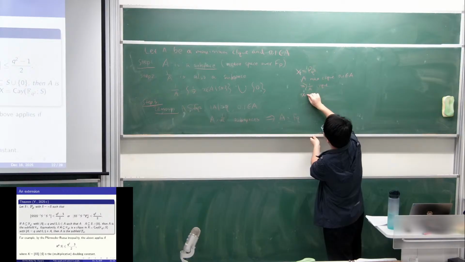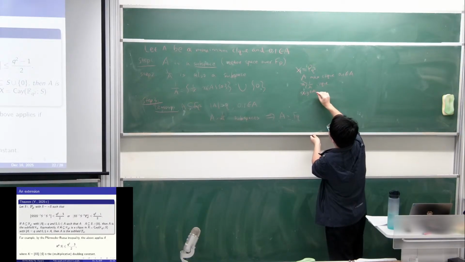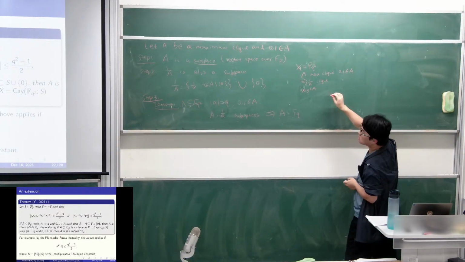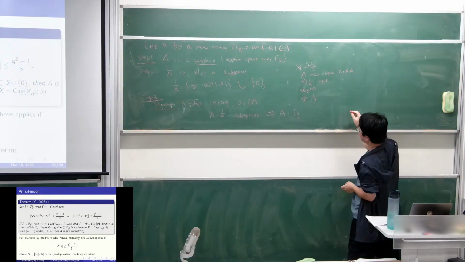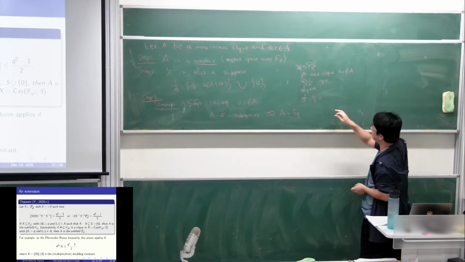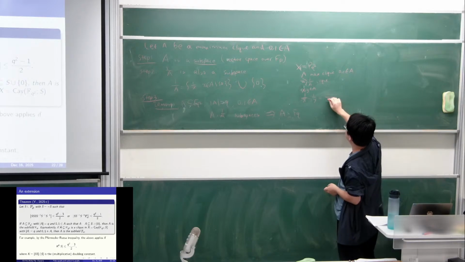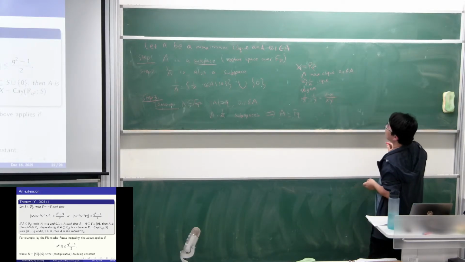So take x and y in A. To show 1 over A is a clique, I just need to show that 1 over x minus 1 over y is a square, right? So let's do some manipulation. It's (y minus x) over xy.